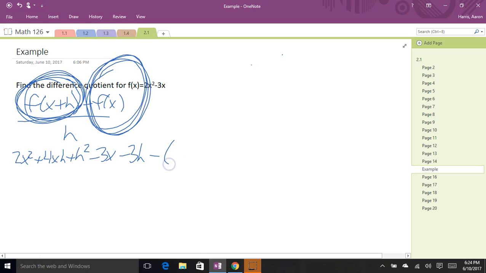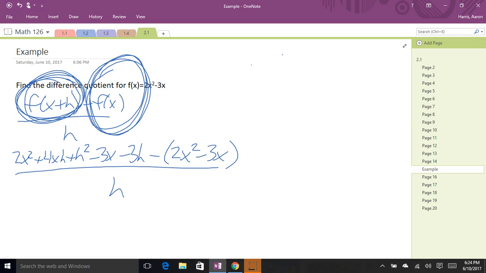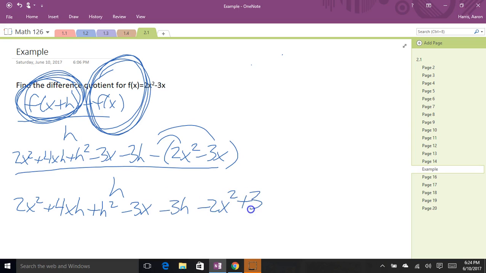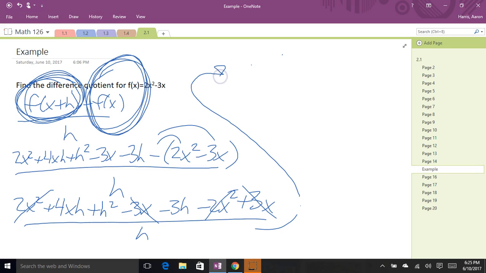So I minus my original function, which is 2x squared minus 3x. This is all over h. Okay, I'm going to go ahead and distribute that. So you notice I have 2x squared plus 4xh plus h squared minus 3x minus 3h minus 2x squared plus 3x all over h. 2x squared minus 2x squared, gone. Minus 3x plus 3x, gone.